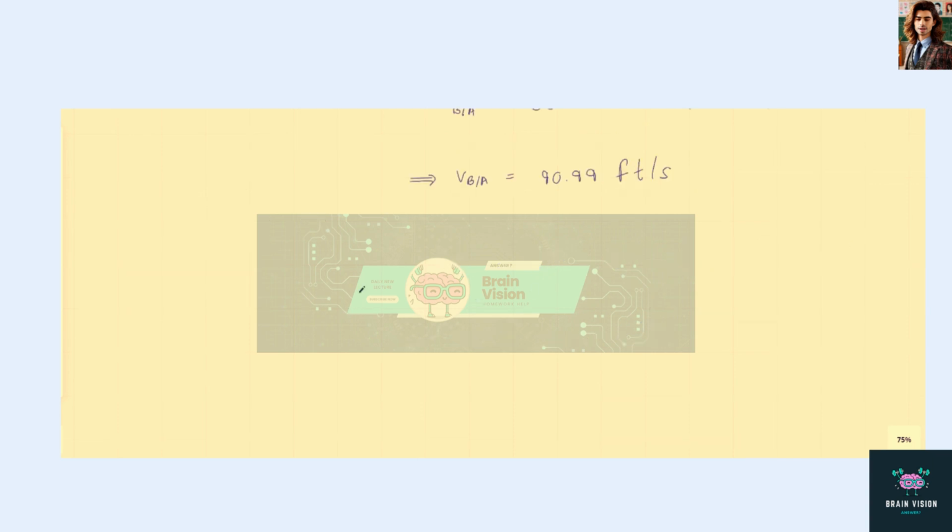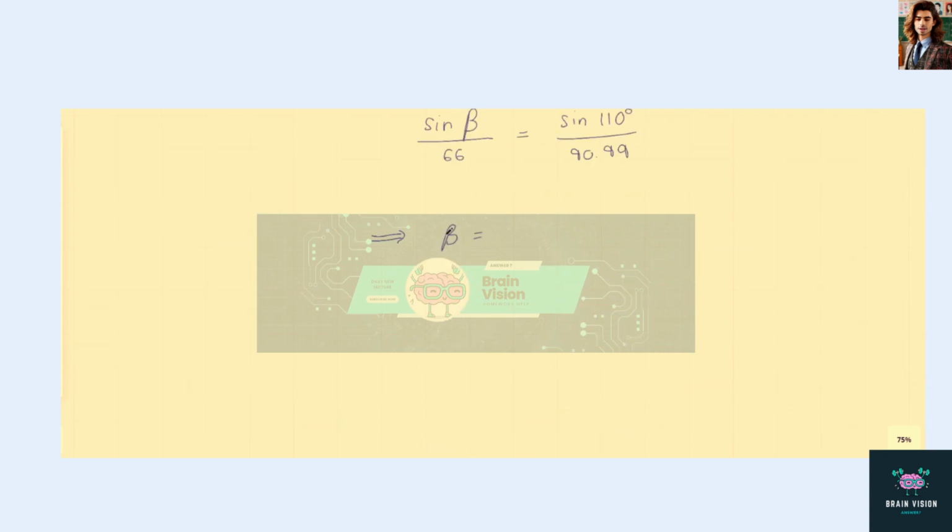Now, using the law of sines, we have the sine of angle beta over 66 is equal to the sine of 110 degrees over 90.99. So from here we can see that the angle beta, as we have in our diagram, is equal to 42.97 degrees.